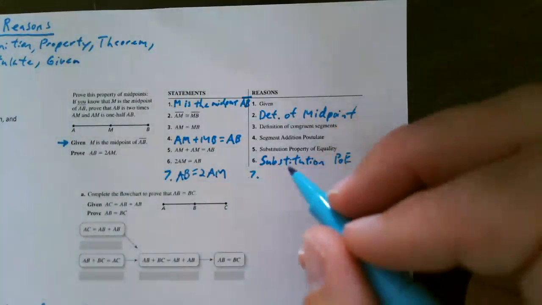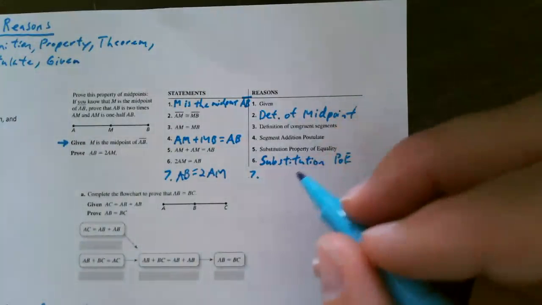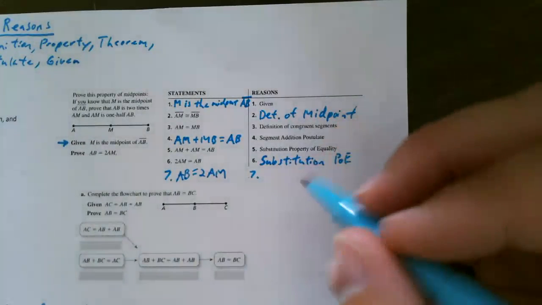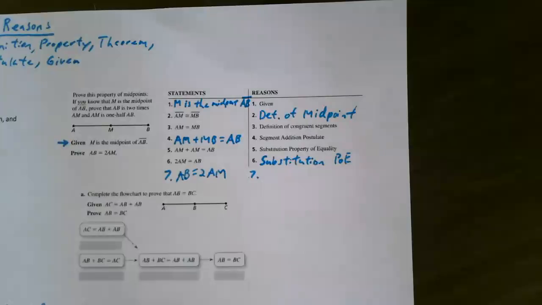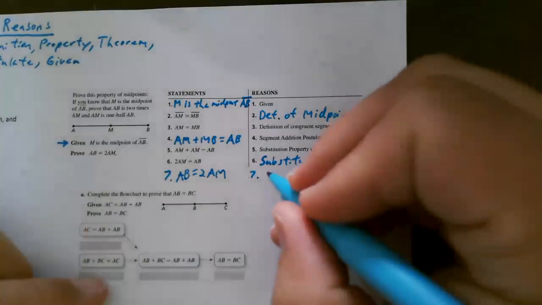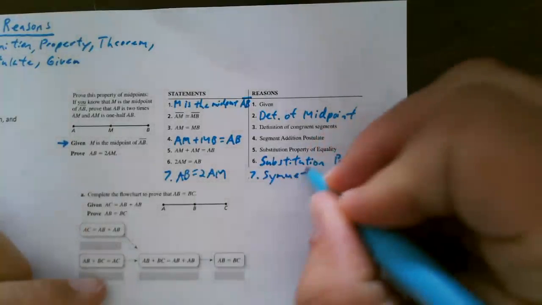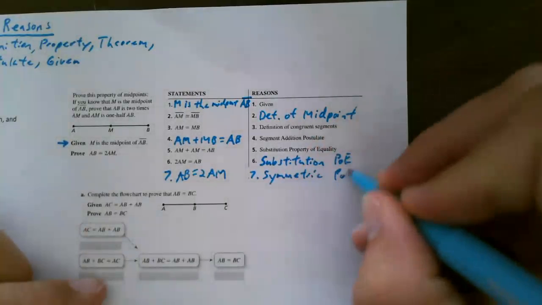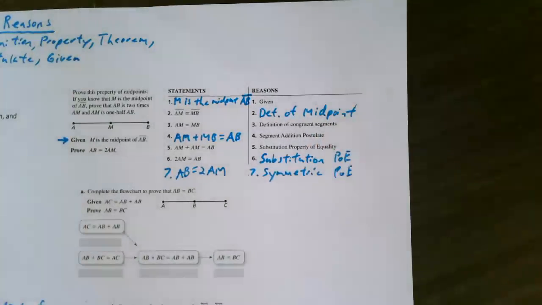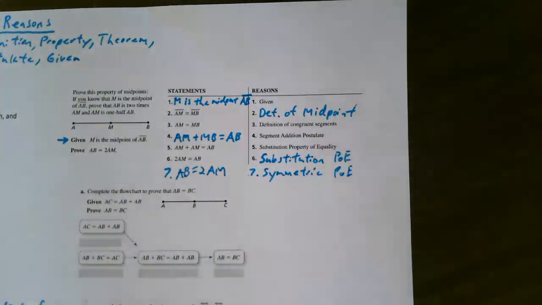It was something with an S. No, not substitution. What is it when it looks the same on both sides? Symmetric. Symmetric property of equality. That's the one that allows us to flip it so that we have the correct final statement.